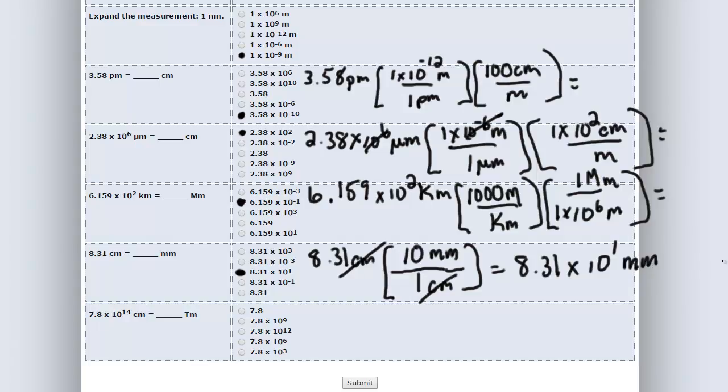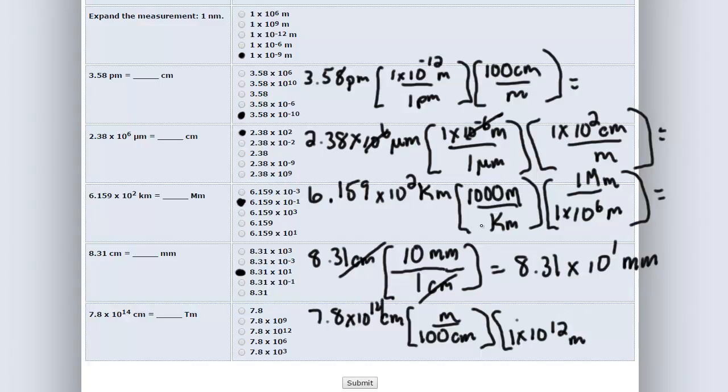7.8 times 10 to the 14th centimeters. Well, there's 100 centimeters in a meter. And then there are 1 times 10 to the 12th meters in 1 terameter.